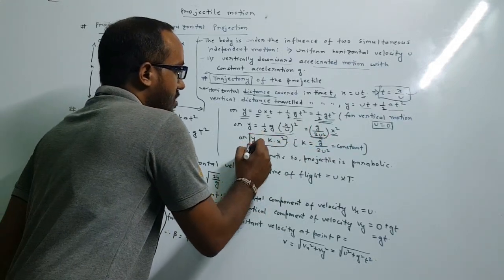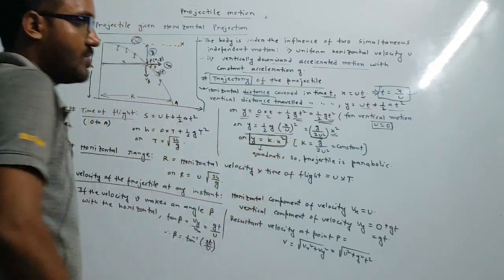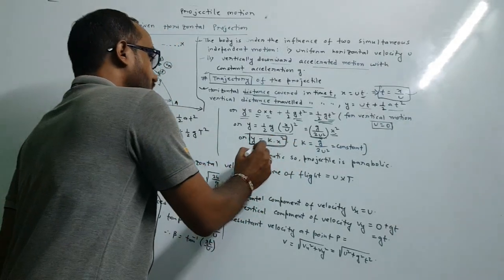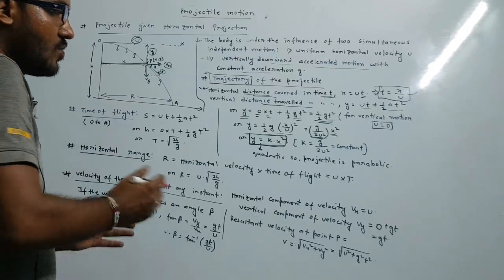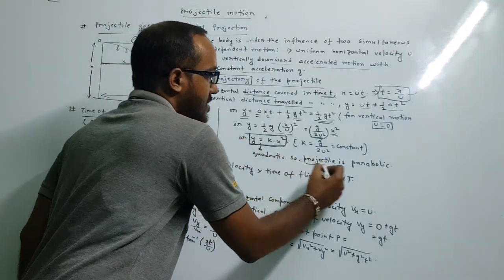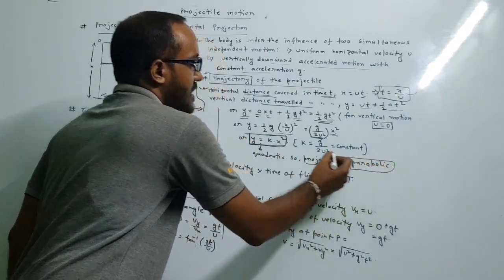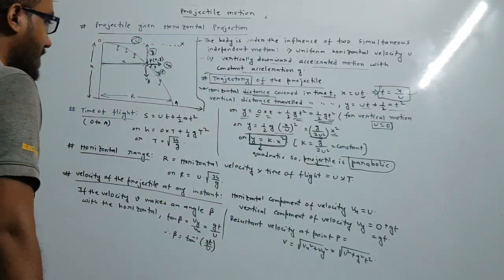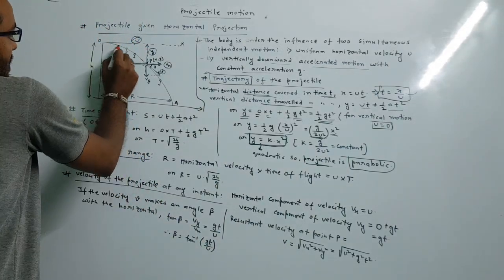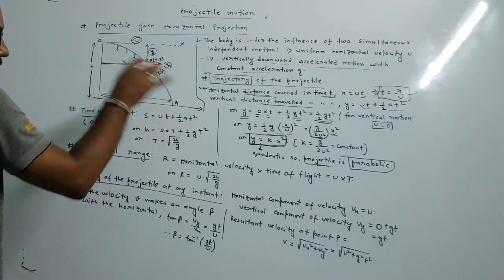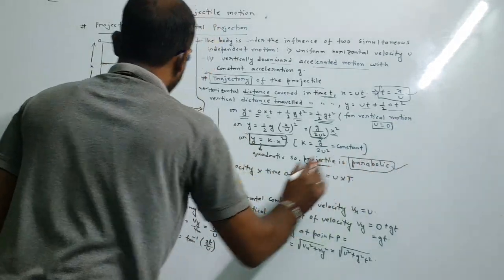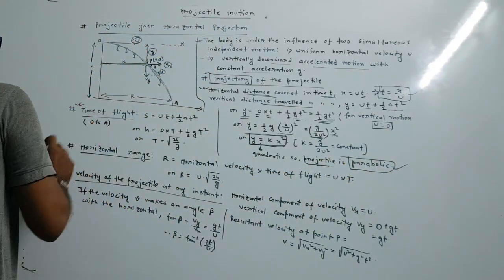So ultimately we got y equals kx square. We know that if we get a quadratic equation in x or y, that path would be a parabolic path. So our motion or trajectory follows a parabolic path. That we have proved.